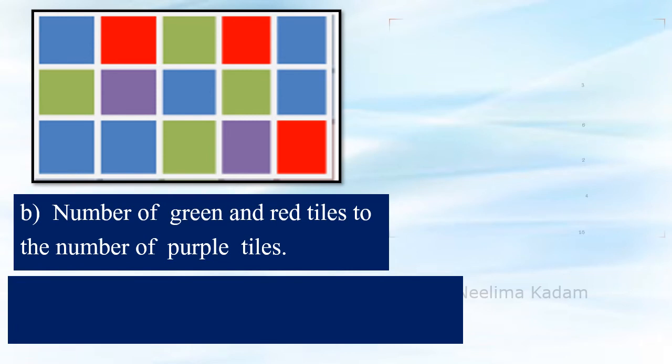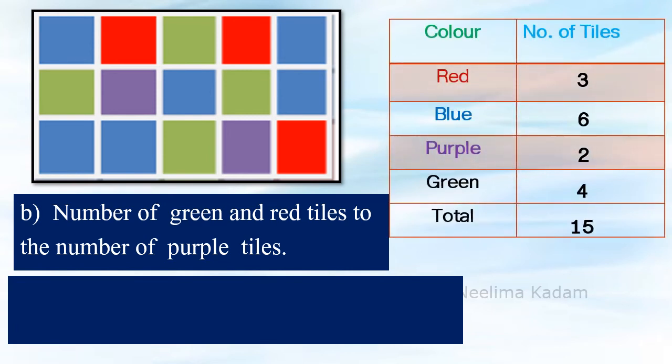Second one, number of green and red tiles to the number of purple tiles. Now green and red. Now green 4 and red 3. So in all, how total number of green and red will be how many? Yes, 7. And to the number of purple tiles.